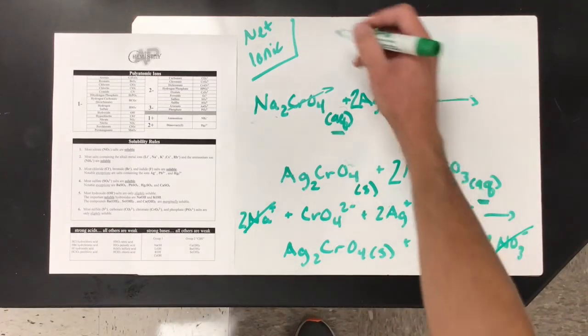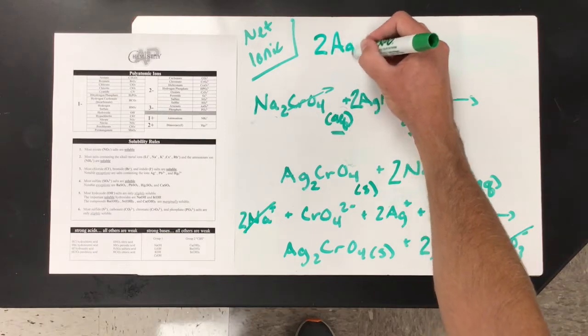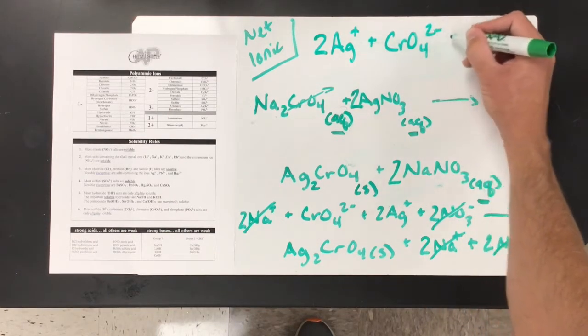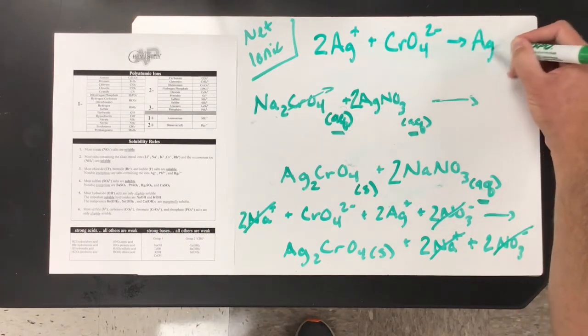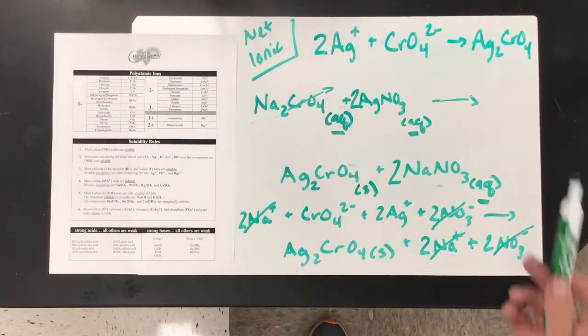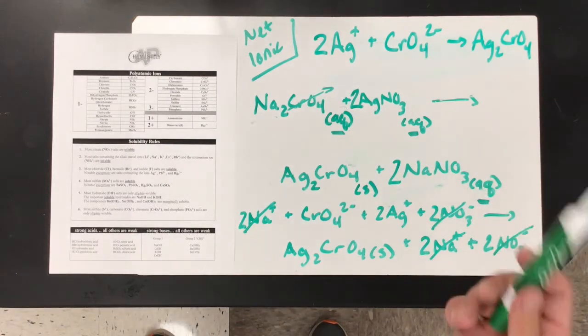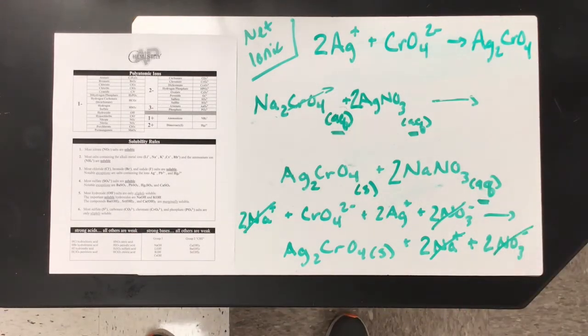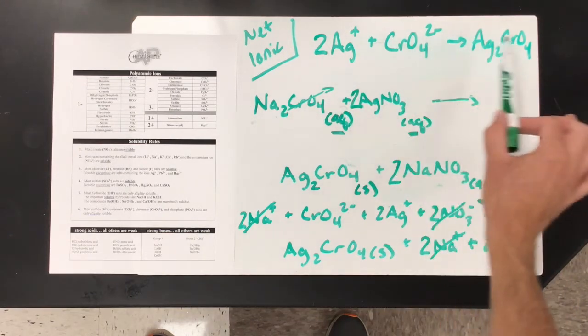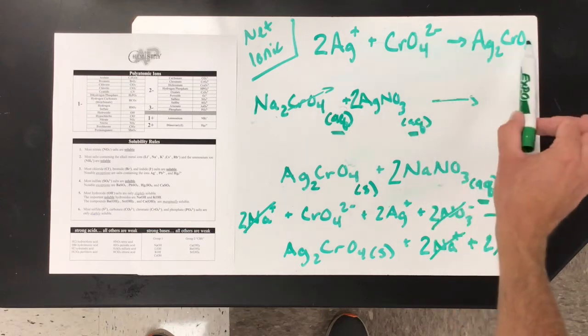It is best practice to write the cation first, the positive ion, and the anion, the negative ion, second. You know you did it right if everything balances out. So let's double check, and I want to be very clear on what it means to be balanced. I have 2 Ag, 2 Ag, 1 Cr, 1 Cr, 4 O's, 4 O's.